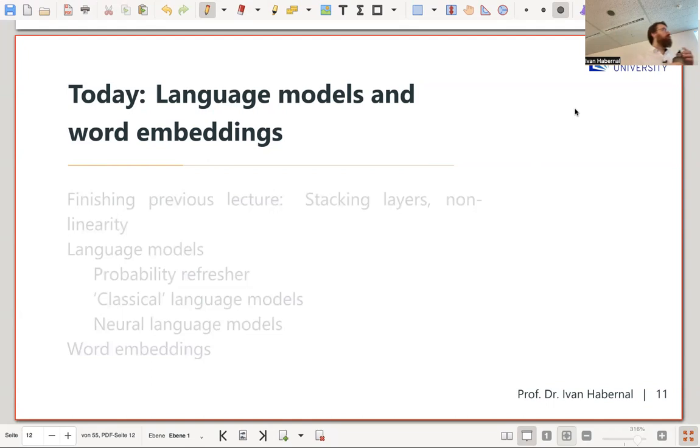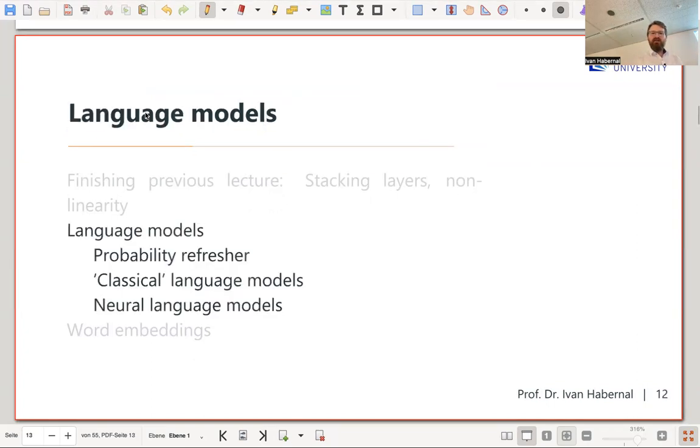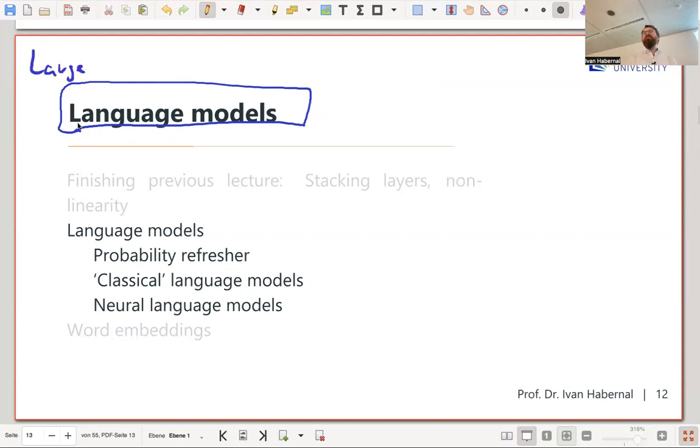So we're going to move to language models. Who has heard of language models? Anybody heard the word language model? Yeah, in which context? Large language models, right? Nowadays we have large language models, LLMs. This is the cool word.